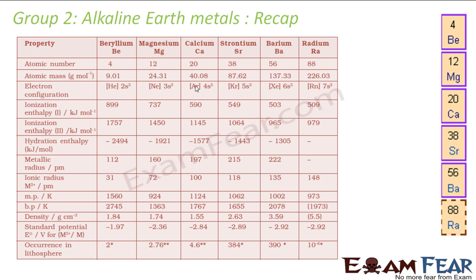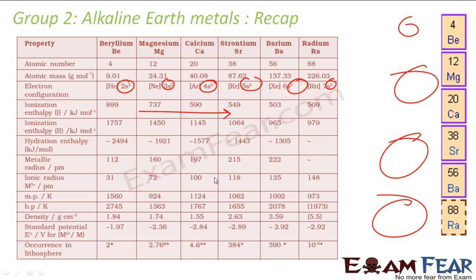Let's do a recap of the alkaline earth metals we have done. The atomic number increases for beryllium, magnesium, calcium, strontium, barium and radium in this fashion. The atomic mass also increases. The electronic configuration is ns2. The ionization enthalpy decreases as we go down the group because the size of the atom increases. The hydration enthalpy also decreases.